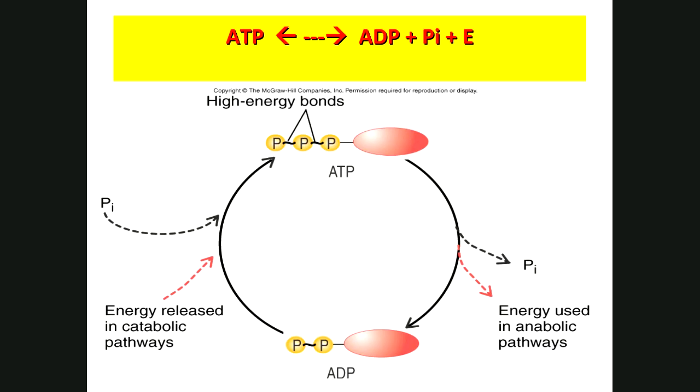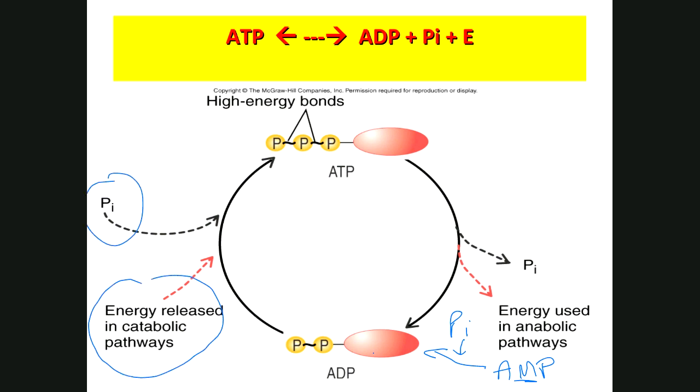So ATP is made from ADP, and actually ADP is made from AMP, adenosine monophosphate. That's a separate type of reaction. But to make ATP, the cell is going to take ADP and add one more phosphate to it. This is going to require energy because you're adding negative charges to negative charges, and they're supposed to repel each other.